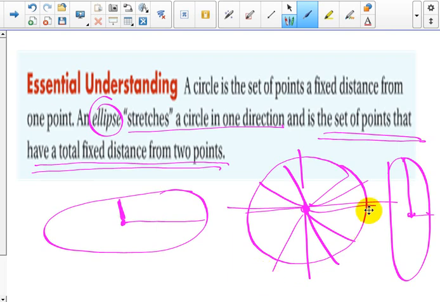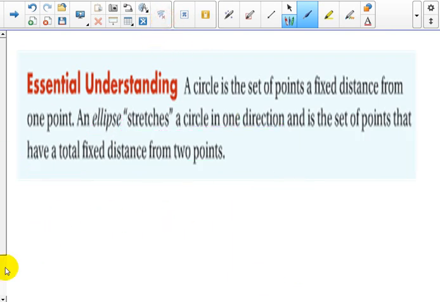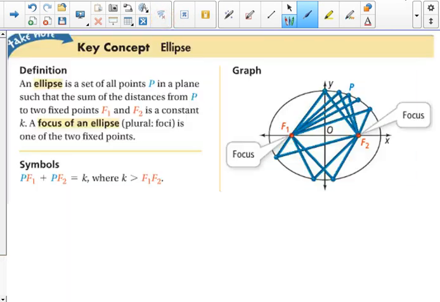Like that and that. So let's look at what this is about. So here's a key concept for an ellipse. By definition, an ellipse is a set of all points P in a plane such that the sum of the distances from P to 2 fixed points, F1 and F2, is a constant K.